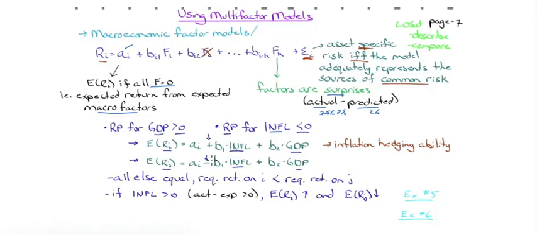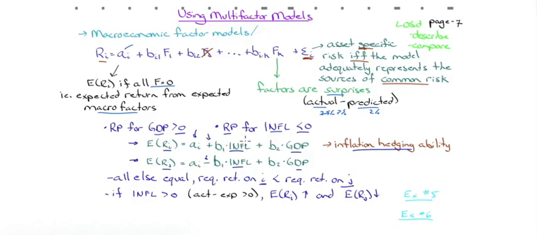This is saying that as inflation comes in higher, asset J's returns will be hurt. Before we even jump into the models, just looking at I and J, all else equal, the required return on asset I will be less than the required return on asset J. In other words, if we had 2 assets and one did offer inflation hedging ability and one did not, their intercepts would be different to begin with, and asset I's intercept would be lower than asset J's. It would have a lower required rate of return because it would be in demand for its inflation hedging ability.